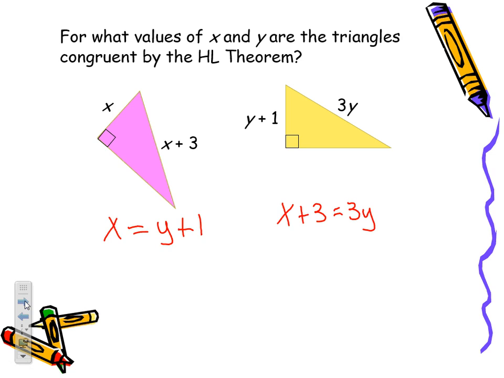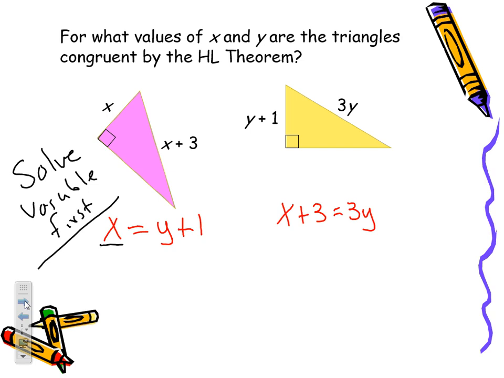Now, on your quiz and on our last test, remember you had to solve for a variable first. But if you look at this one, I already have x by itself, so I know x equals y plus 1, so I'm going to plug that in to my other equation for x.